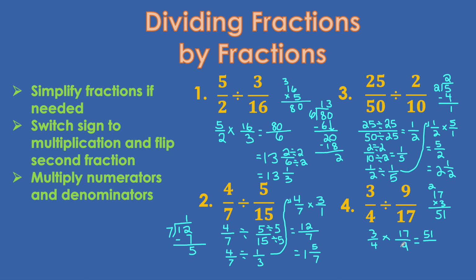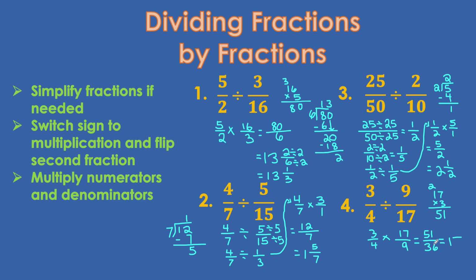Denominator, 4 times 9 is 36. We have another improper fraction, so we want to change it into a mixed number. 51 divided by 36. So 36 goes into 51 one time.